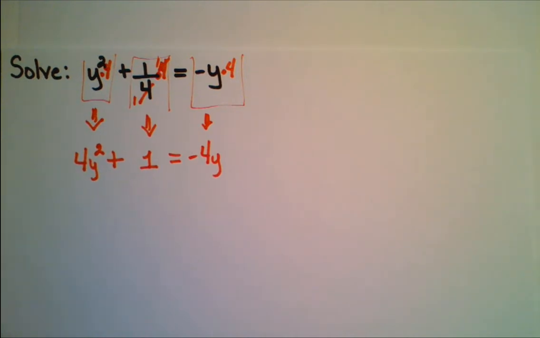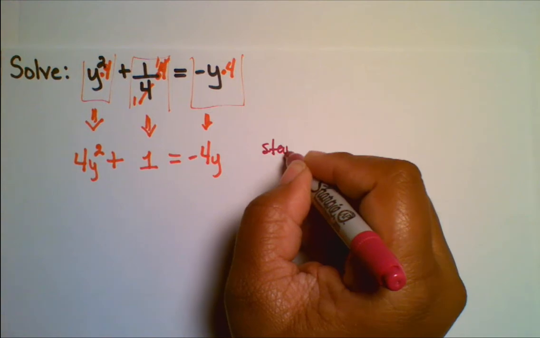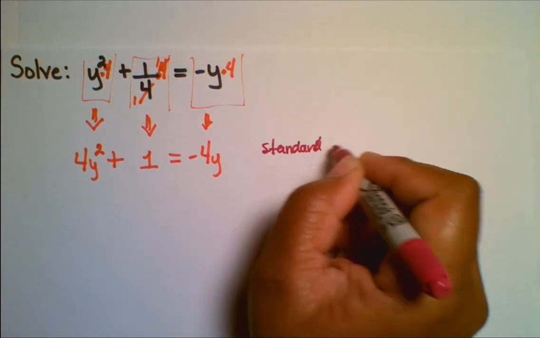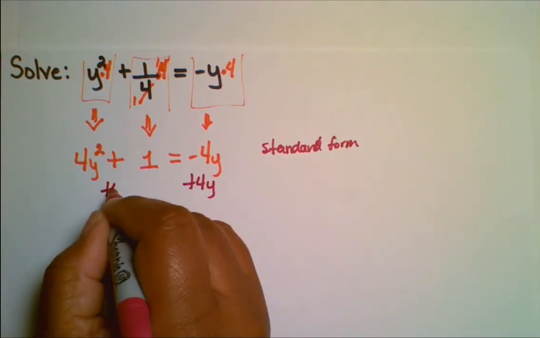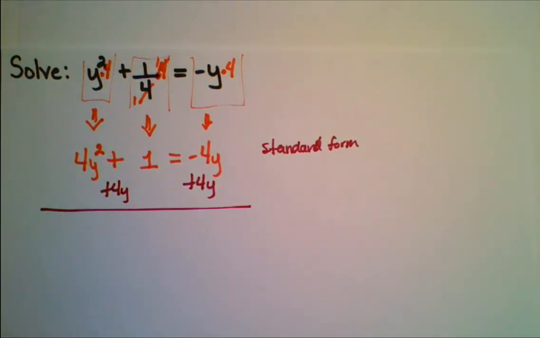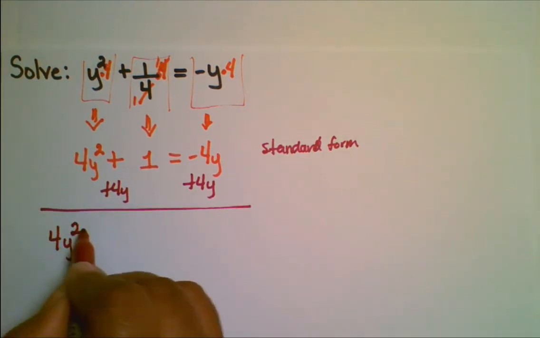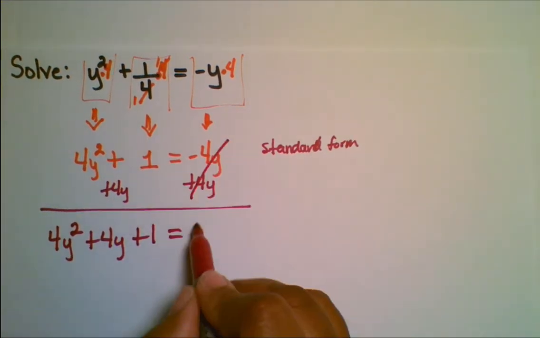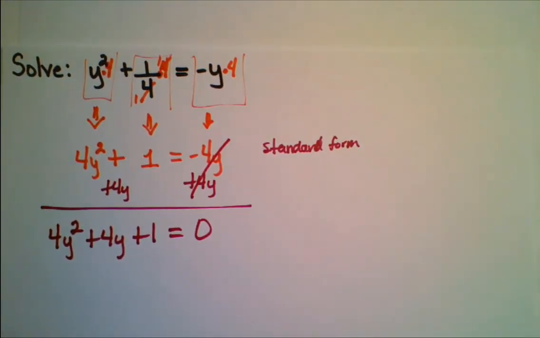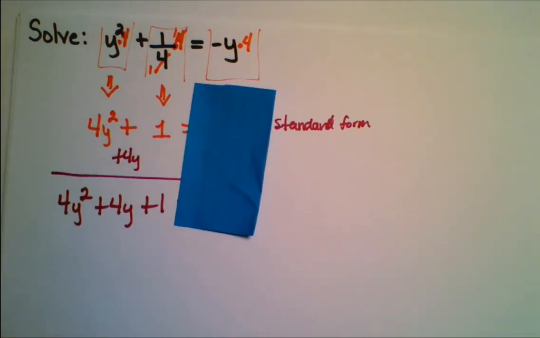Now write the equation in standard form by adding 4y to both sides. So we have 4y squared plus 4y plus 1 equals 0. Then we're going to look at the left-hand side. We want to factor that.